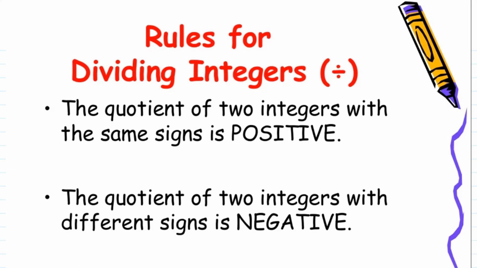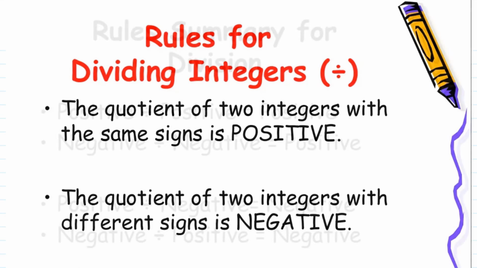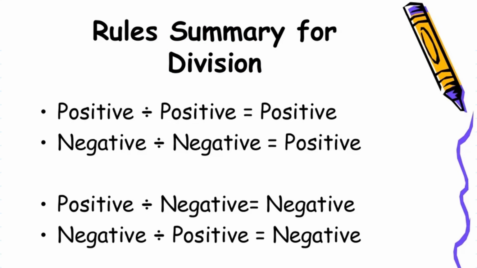But if you divide two integers with different signs, the answer will be negative. Or positive divided by positive is positive. Negative divided by negative is positive. Positive divided by negative is negative. And then negative divided by positive is negative.